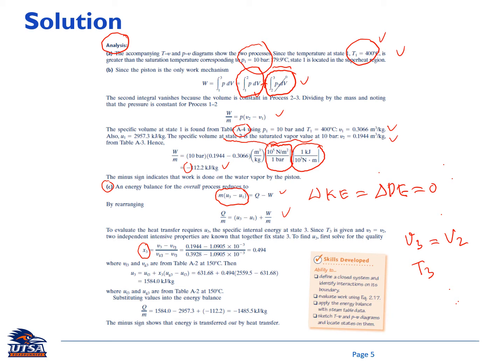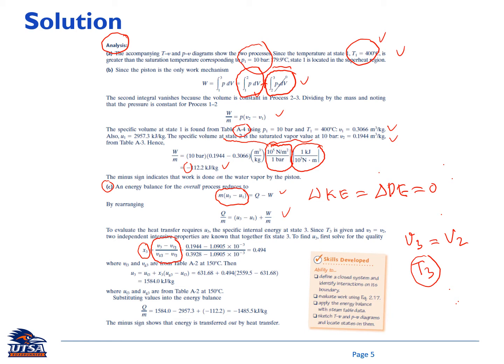Here we have this formula for the quality: x equals V3 minus Vf3, the specific volume at saturated liquid based on T3, divided by Vg3, the specific volume at saturated vapor at the given temperature T3.